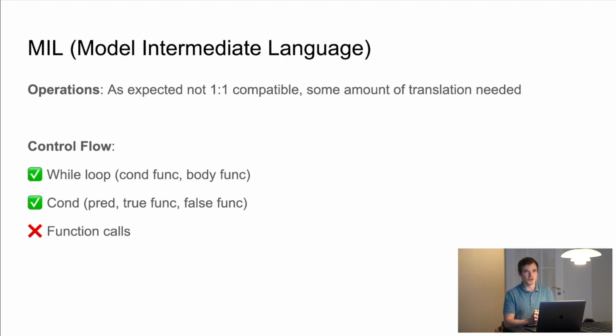Also, if we look at the control flow supported in ML, it does support while loops. It also supports conditional execution, but it does not support function calls, which is supported in StableHLO. That means that every time we see a function call, we need to unroll it in our conversion and inline the operations from this function call.